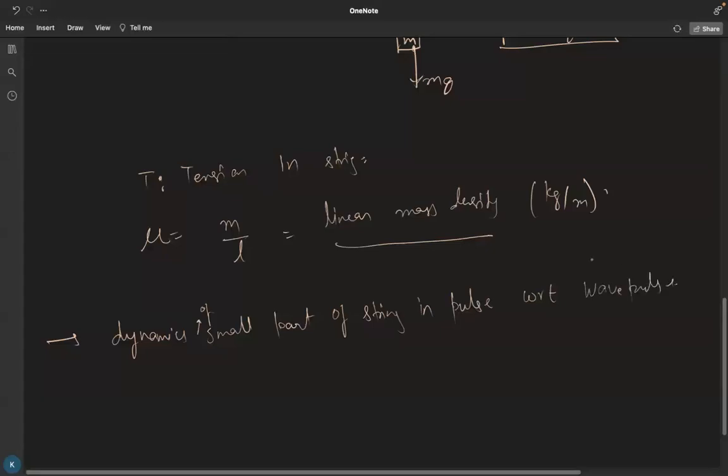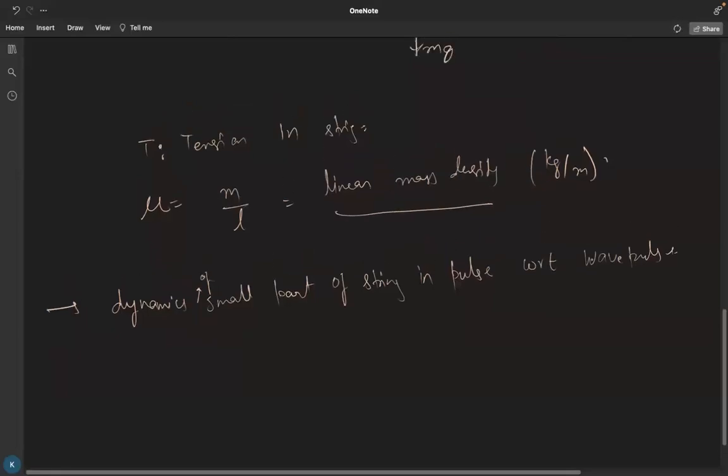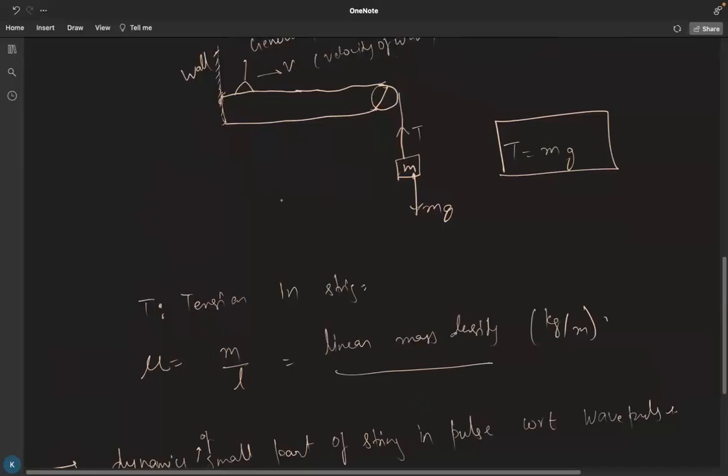Okay. So actually the pulse is stationary, but the considered string moves in the leftward direction with the speed v. Assume there is a car, or an observer sitting in the car, which is moving at the same speed as the velocity of the wave.